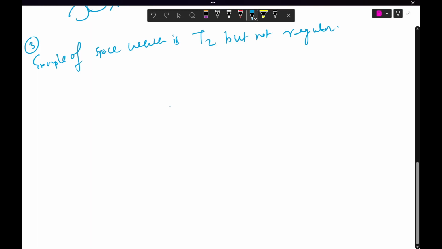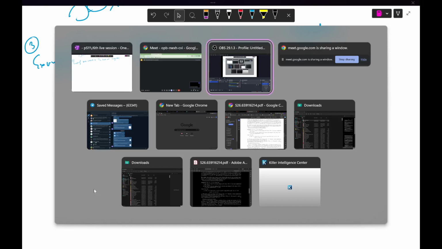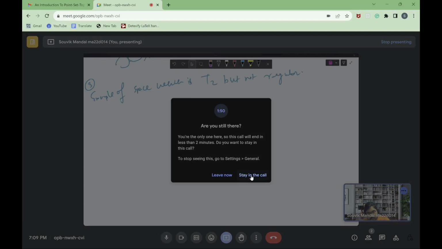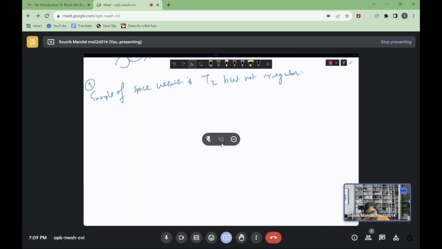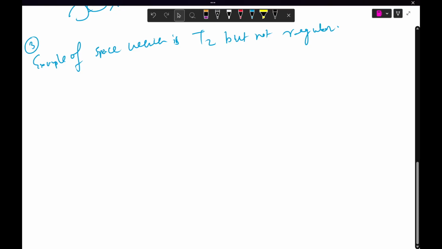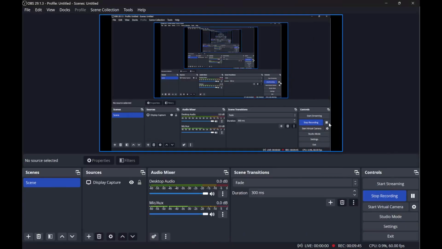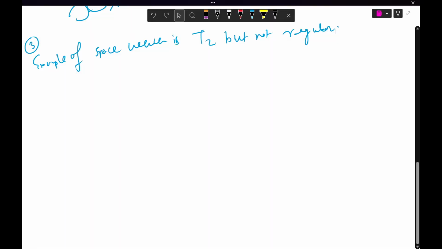We need to find an example of a space that is Hausdorff but not regular.